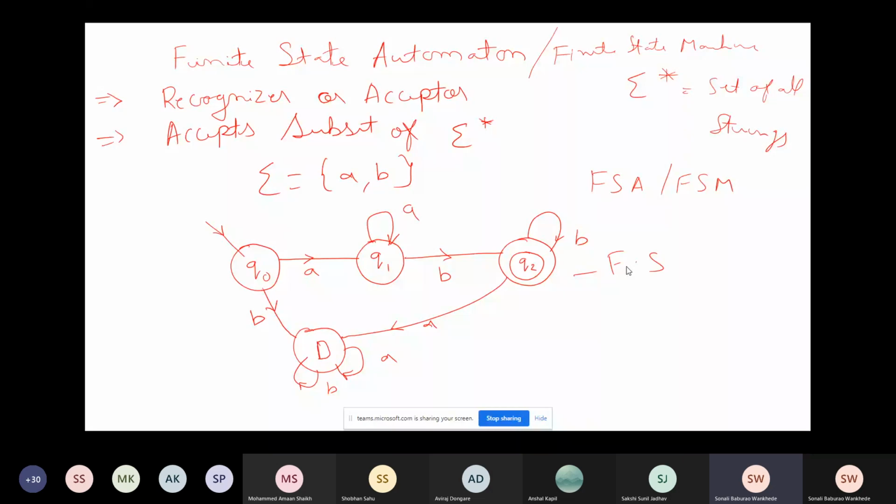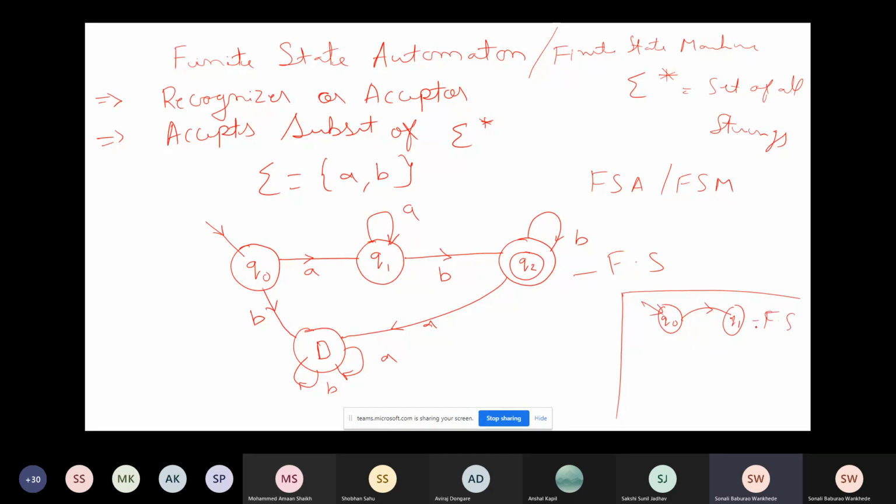Now suppose this diagram or state transition diagram is given to you. What's the difference between a state diagram and a state transition diagram? As I had also shown in the previous example, in your state diagram you can just represent a particular start, and this is your final state.